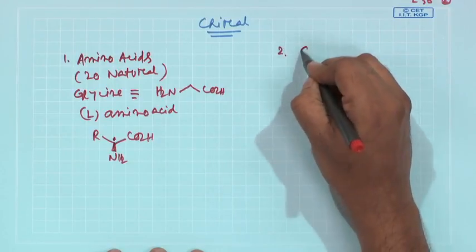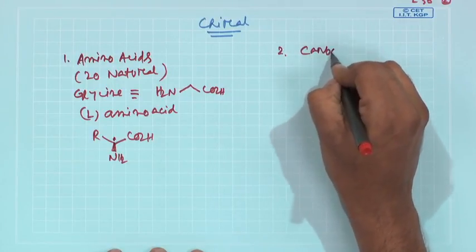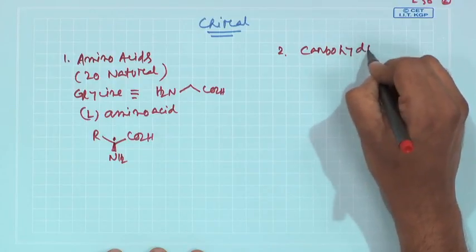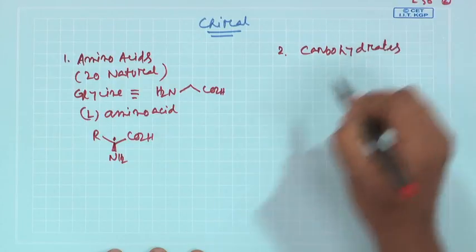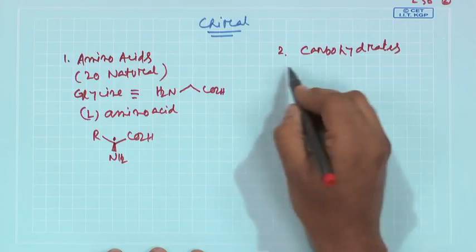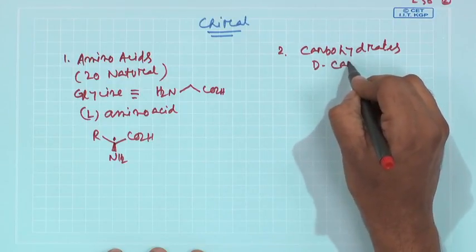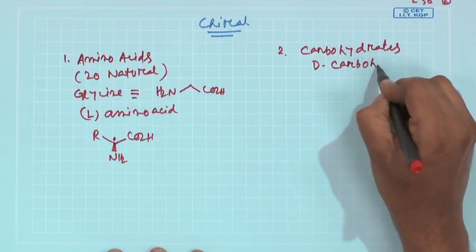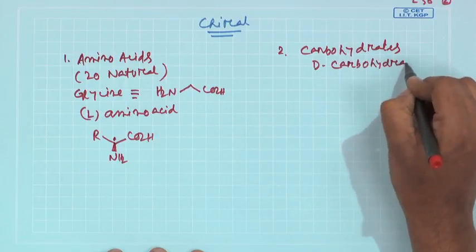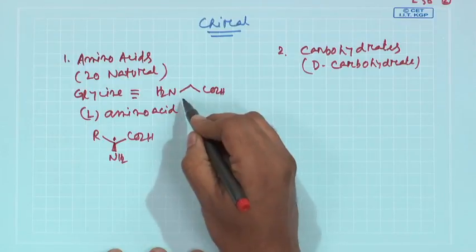The second is carbohydrates. Carbohydrates are also naturally occurring starting materials, and we find that mainly D carbohydrates, the D form, are available in nature. So, D sugars and L amino acids.